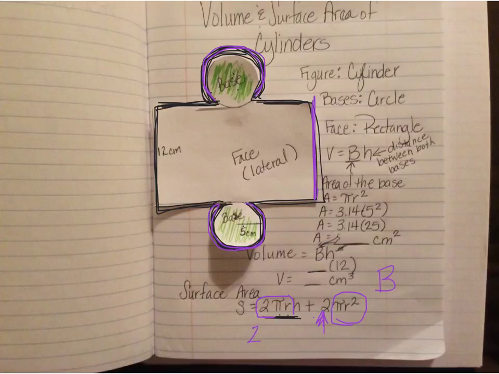So that would be 2 times pi, which is 3.14, times the radius, which is 5, times the height, which is 12, plus 2 times 3.14, I'm running out of room here, times the radius, which is 5, and I don't know if you can see that, and then it's squared.